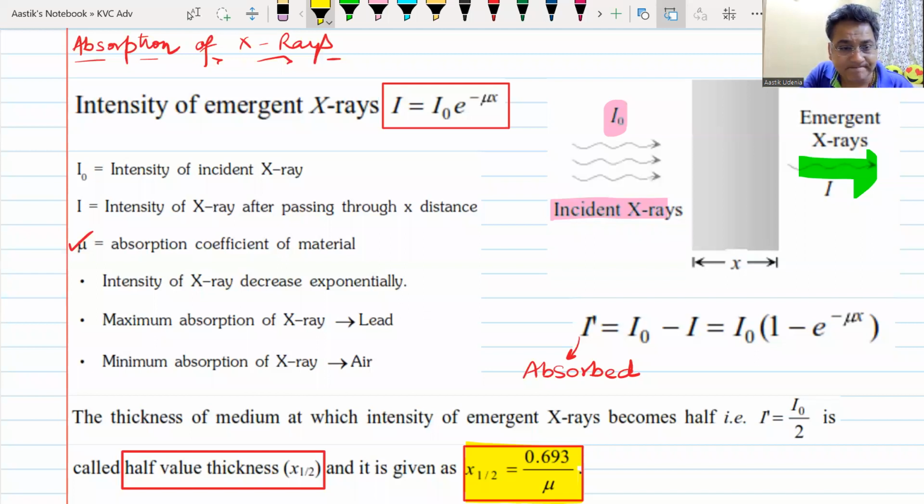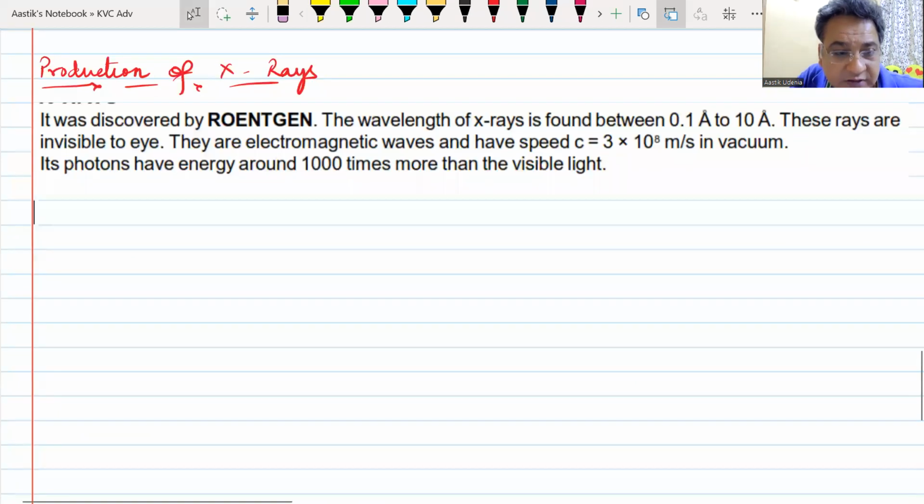What name? X-rays. They were discovered by a scientist by the name of Roentgen, and therefore they are also sometimes known as Roentgen rays. He did not know what to name them. In maths, if it is an unknown quantity, he used to name it X, and therefore he named them X-rays.